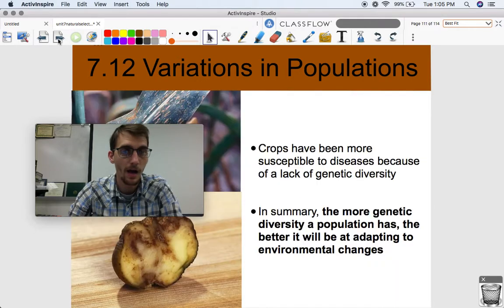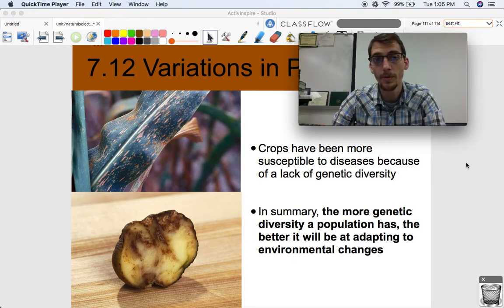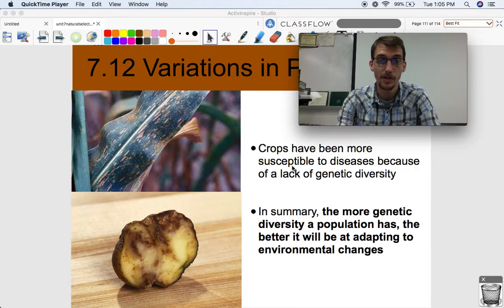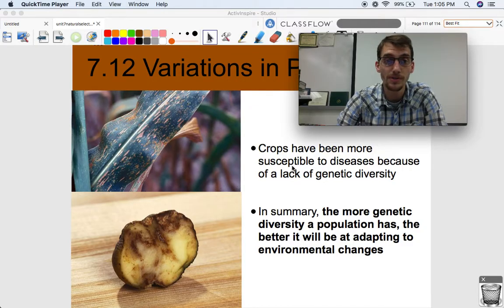All right, that's really one of the points that I wanted to make. A couple more points about crops. Crops, like we saw before, with that monoculture, have been more susceptible to diseases because of a lack of genetic diversity. There have been events in human history like the Irish potato famine.